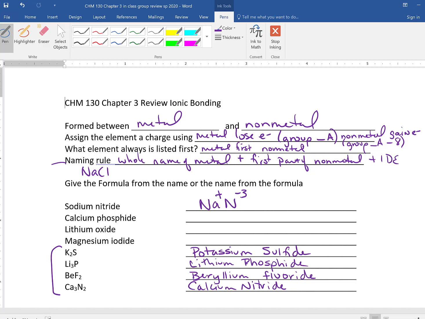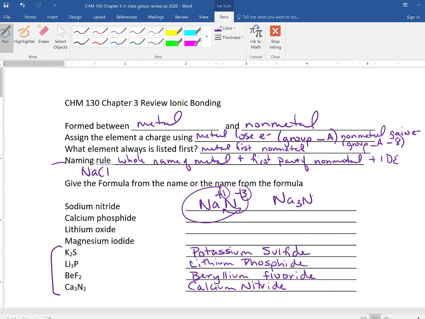The charge on the metal tells you the number of nonmetals. The charge on the nonmetal tells you the number of metals, in order to figure out the formula.